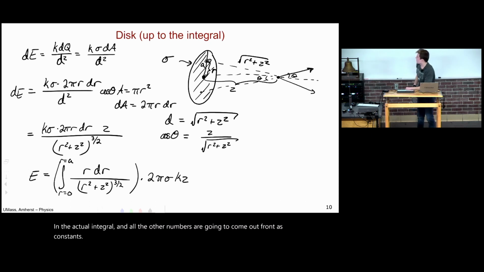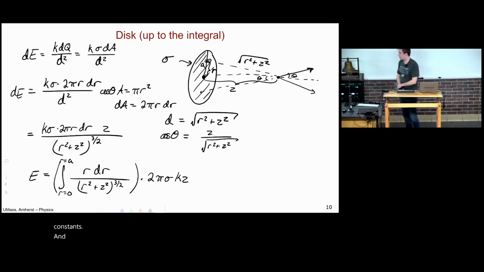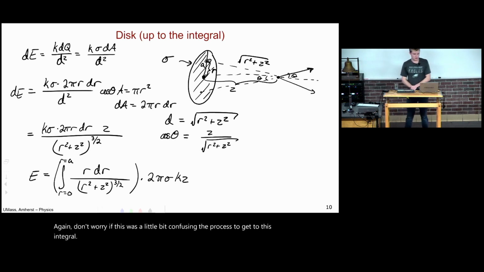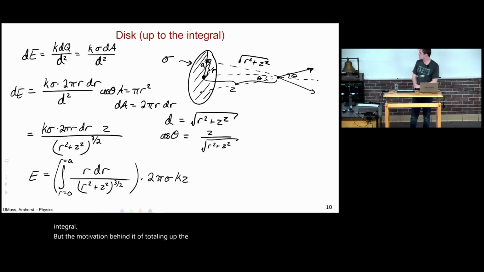Okay. And now you have an ugly integral to do. Again, don't worry if the process to get to this integral was a little bit confusing. But the motivation behind it, of totaling up the infinitesimal contributions, is what I want you to take away.